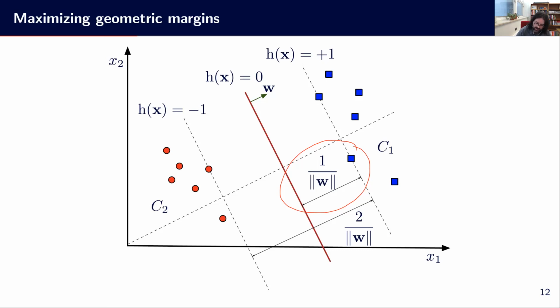This distance is the same on both sides: we have it for that sample, and the same distance for the other sample, also 1 over the norm of W, which is rho. So this is what we want, and as such we want a placement of that hyperplane that will maximize the margin.